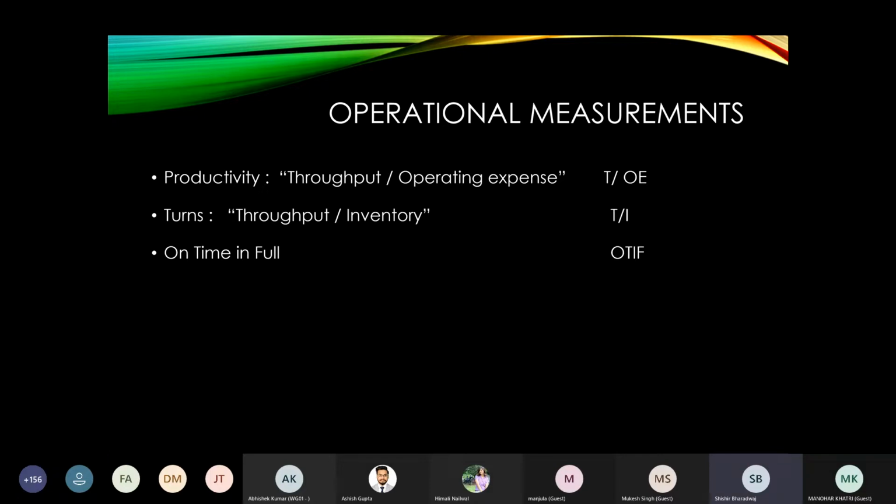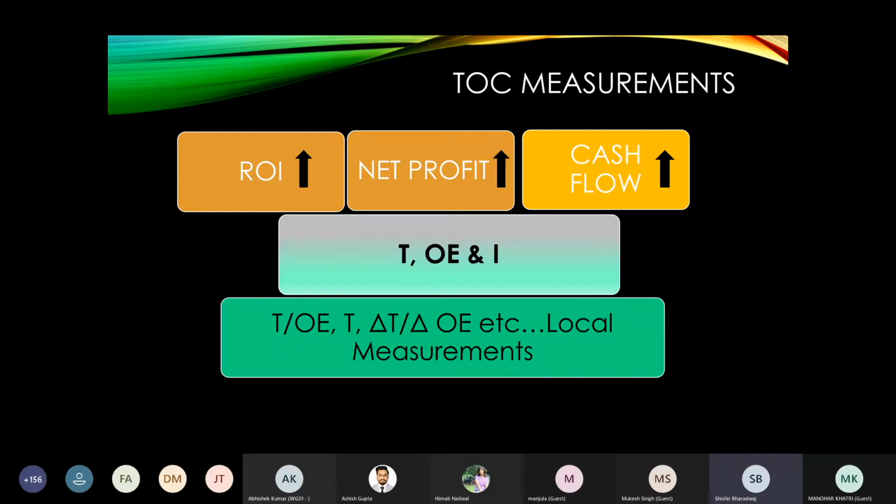So instead of finding your global performance once in a quarter, you can do it every month, giving you three times better chance of correcting your mistakes. So what we have done in theory of constraints is relate the global performance in orange to local performance in green through the measurement bridge of throughput, OE, and I.